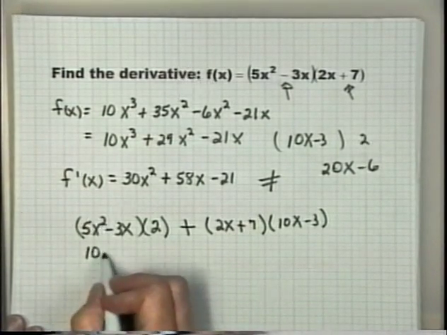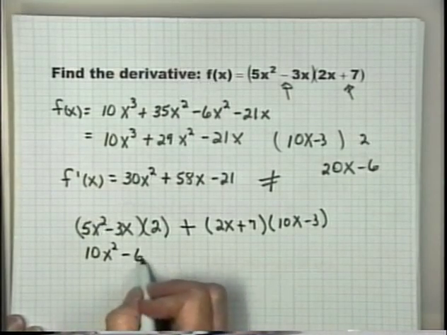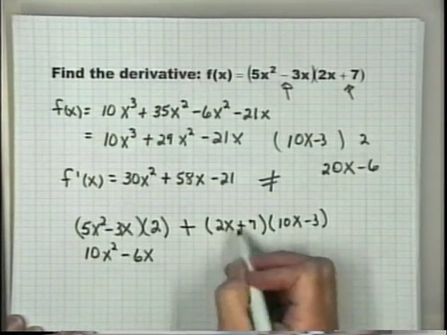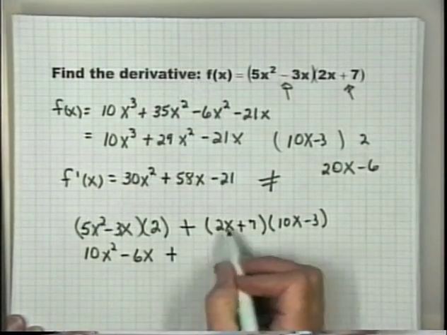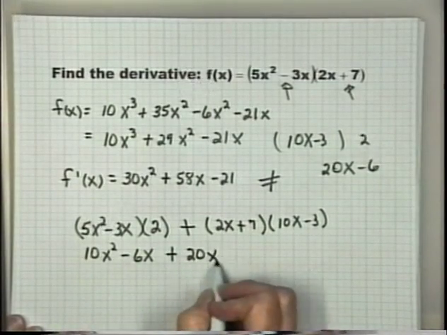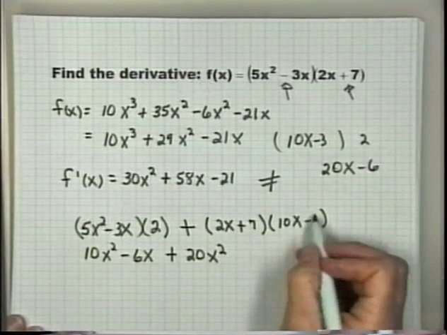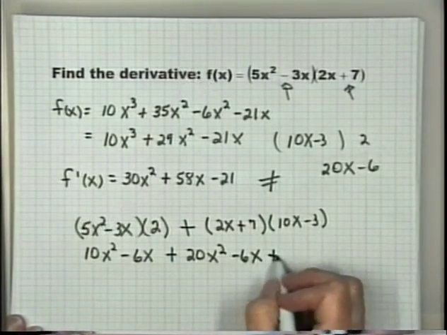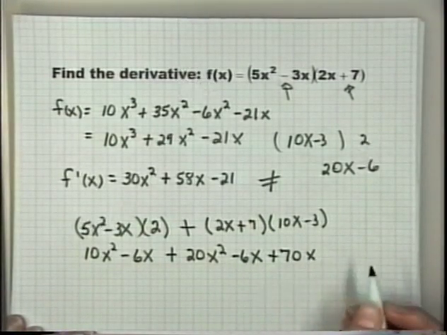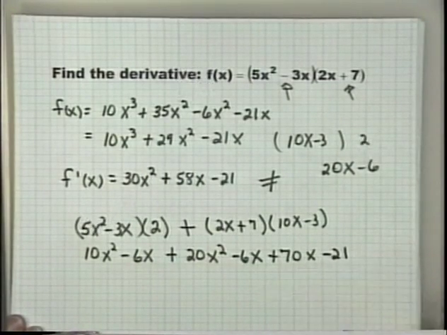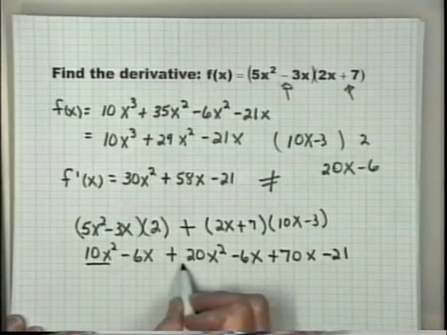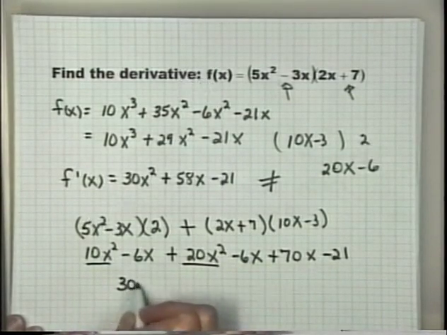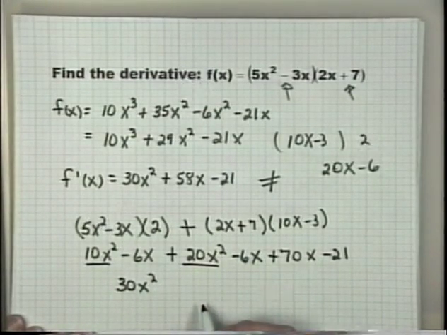Multiplying here, I have 10x squared minus 6x, and then foiling these, 10x times 2x gives me 20x squared. I have minus 6x for the outside product, a plus 70x for the inside, and finally a minus 21. Let's simplify. 10x squared plus 20x squared is 30x squared.